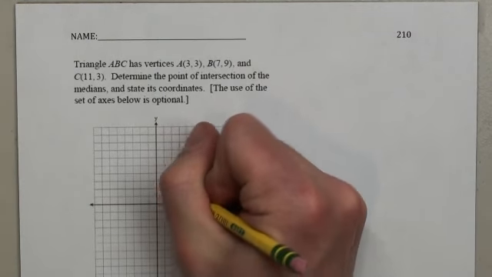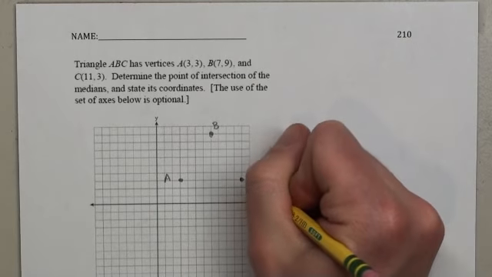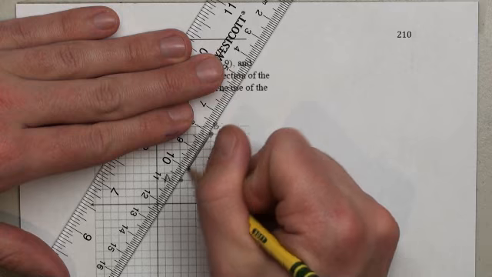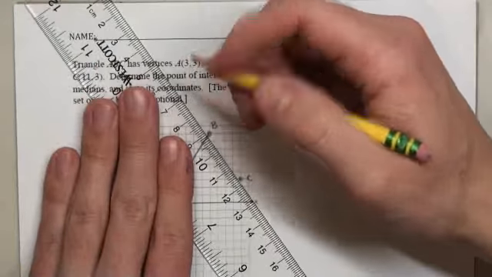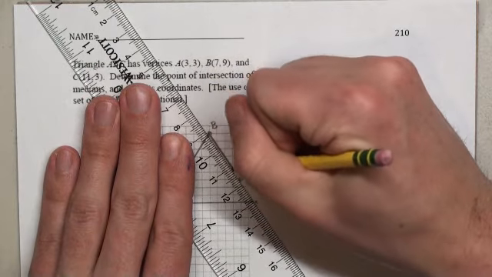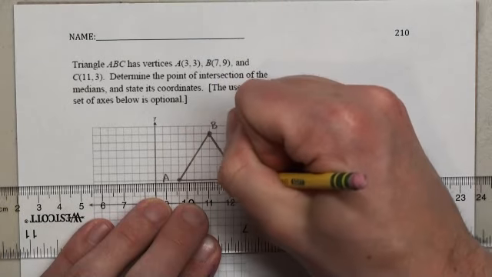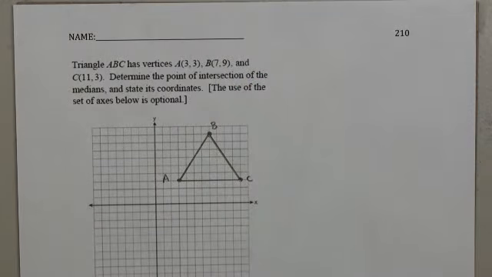And that is A, B, C. Let's just draw our triangle in. Okay. Determine the point of intersection of the medians and state its coordinates.